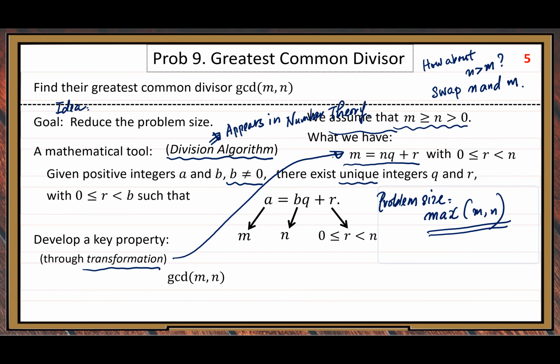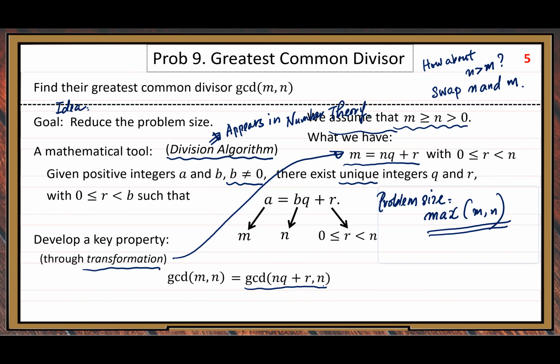That's our goal, we need to calculate this function. So when we start, we replace m by this new expression, nq plus r. So we get this expression.